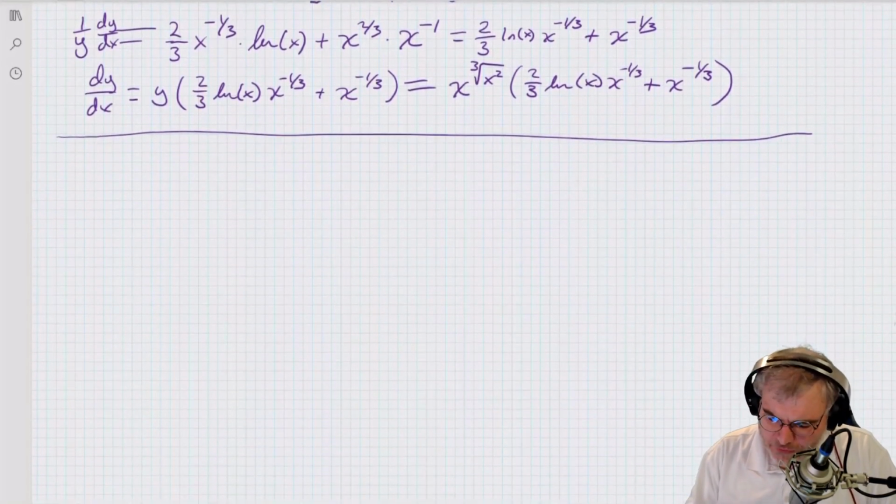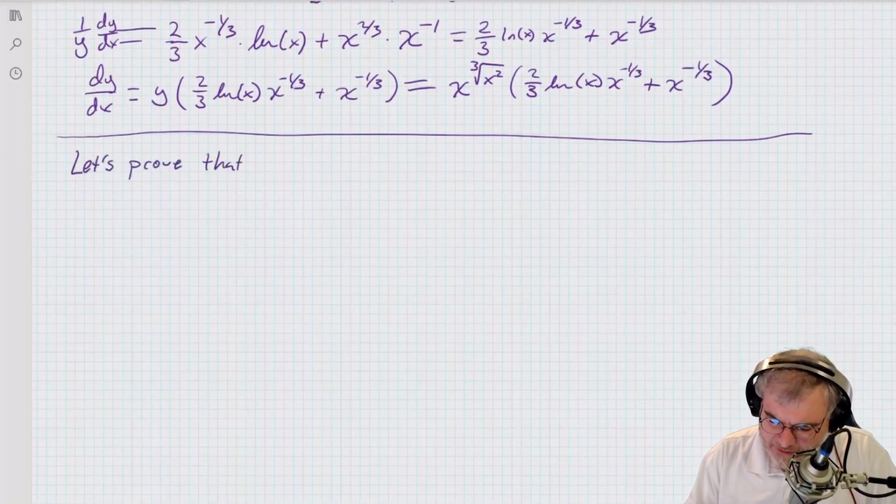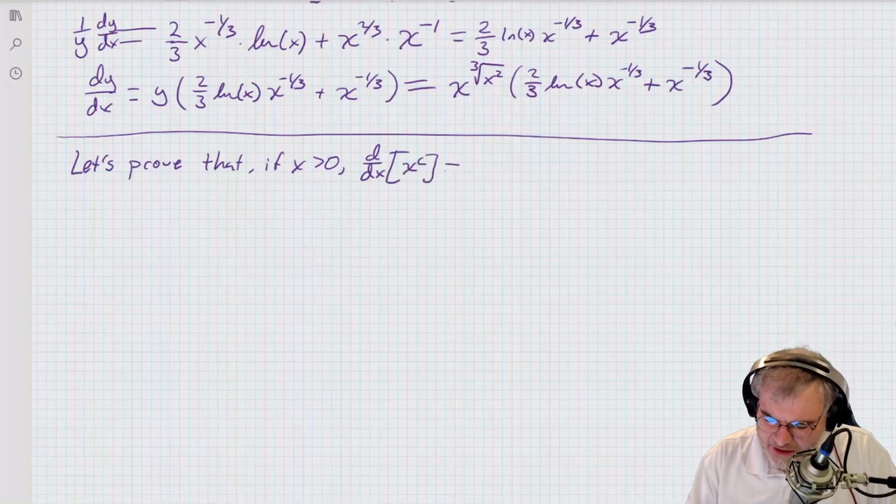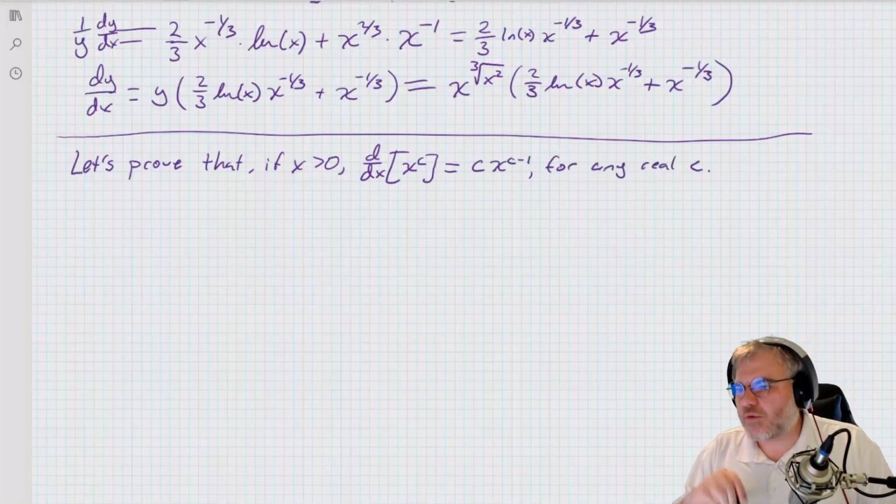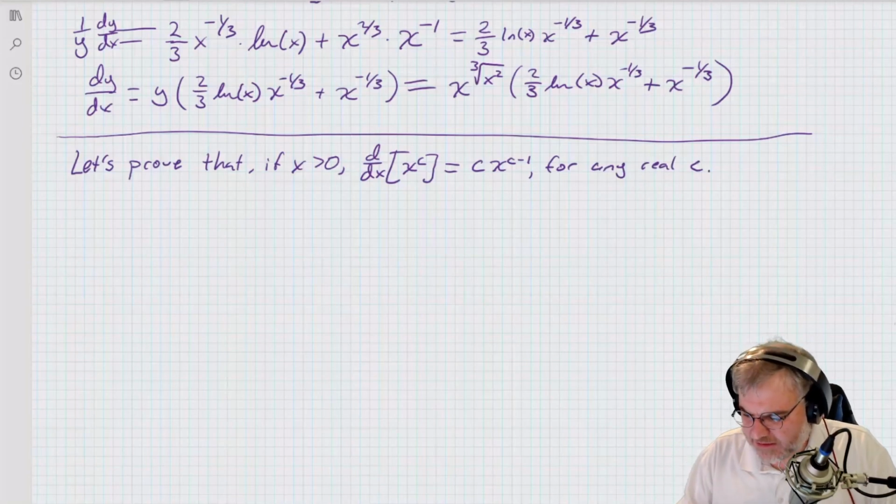So let's prove that if x is greater than 0, d over dx of x to the c equals c x to the c minus 1 for any real c. So I've already done it.